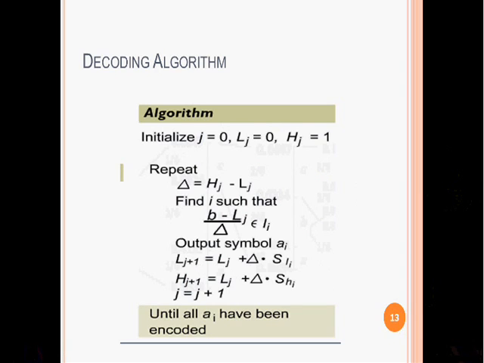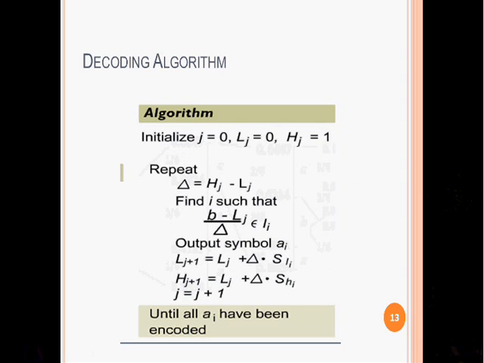Now decoding. For decoding, we have a specified algorithm, and the algorithm goes like this. Initially J is 0, Lj is 0 and Hj is 0, where Lj and Hj are lower and higher limits. We calculate delta, which is the difference of Hj and Lj, and we have to find I, which is given by B minus Lj divided by delta.